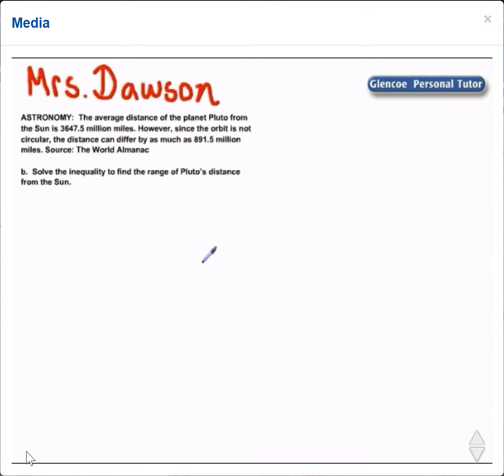B. Solve the inequality to find the range of Pluto's distance from the Sun. In Part A, we wrote the inequality that the absolute value of 3,647.5 minus D was less than or equal to 891.5.